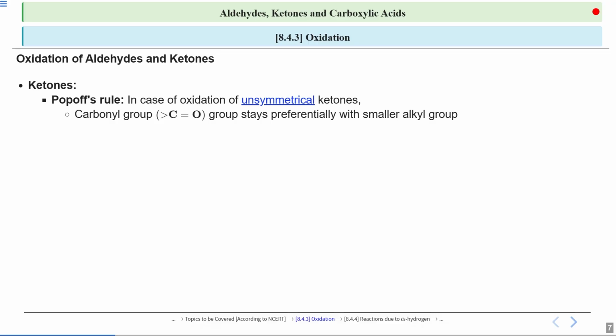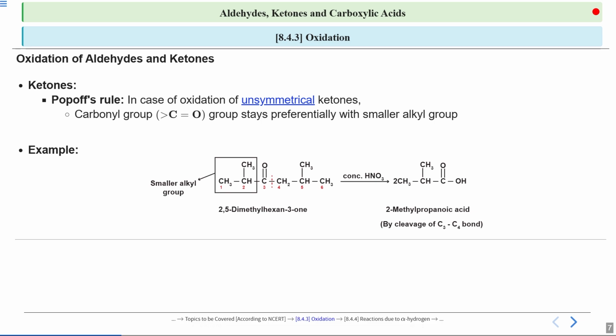So you will cleave the carbon-carbon bond in such a manner that the carbonyl group remains with the smaller alkyl group. Now see this with the help of an example. Here you have 2,5-dimethylhexan-3-one.